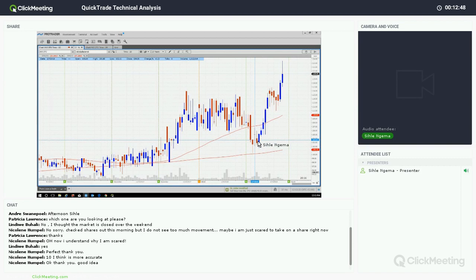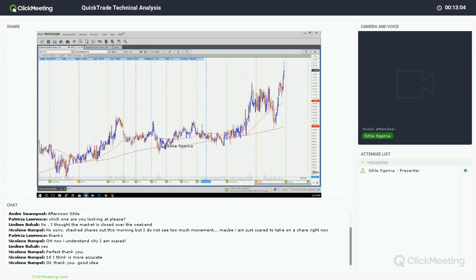But then again, if you're a long-term investor, maybe you can use this area as your entry to go in and buy this market, because you are buying between the 50 and the 200. You can do that every time your price is between the 50 and the 200.